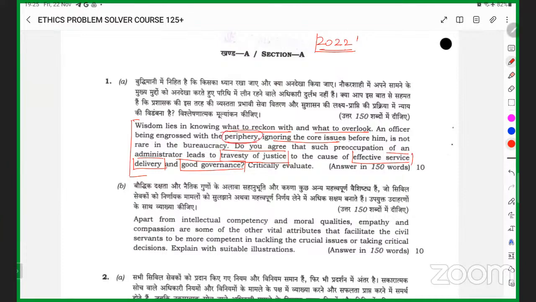Peripheral issues, number one. Core issues, how it is leading to perversity of justice with regard to effective service delivery and good governance. So if you haven't done a thorough understanding of the concepts, and while reading the concepts, if you haven't done the interlinkage, it is very difficult to write an answer to such questions.